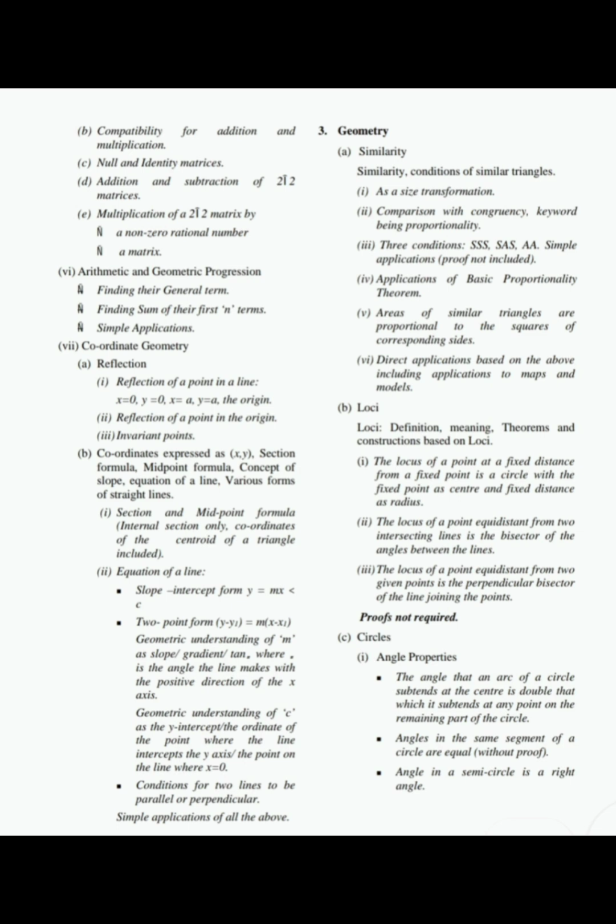Geometric understanding of c as y-intercept, the ordinate of the point where the line intercepts the y-axis, the point on the line where x is equal to 0. Conditions for two lines to be parallel or perpendicular. Simple applications of all the above.